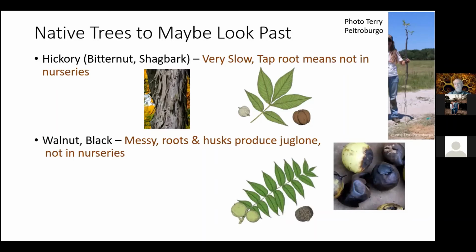And then walnuts, also difficult to find in nurseries. They're messy, messier than hickories because they drop these tennis ball sized nuts that can kill you if they hit you. And then they start decomposing. The husk turns into this lovely black messy stuff. The roots and the husks produce this juglone, I'm not even sure how to pronounce it, which is a plant growth inhibitor for many other plants.